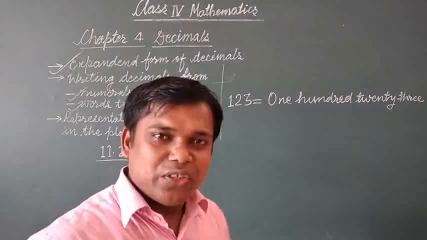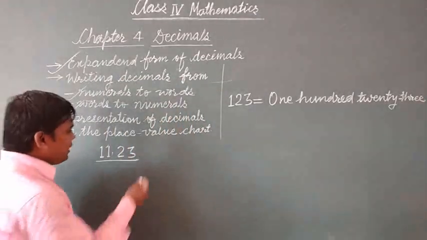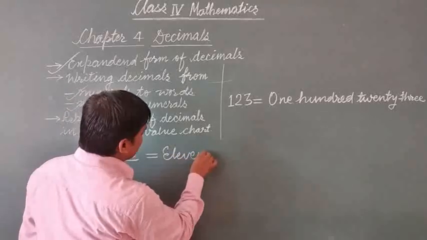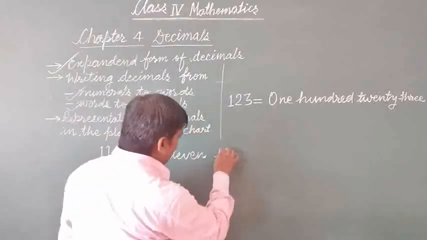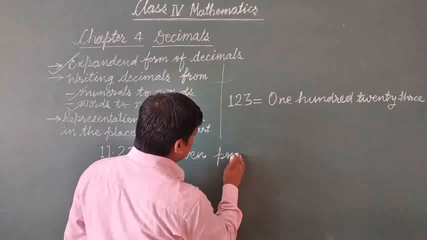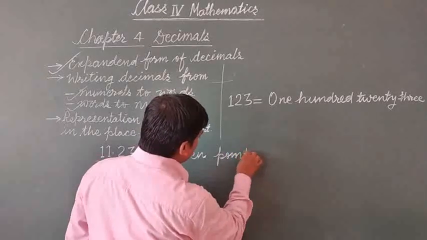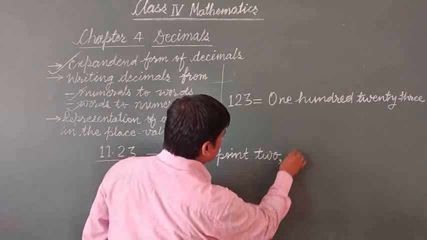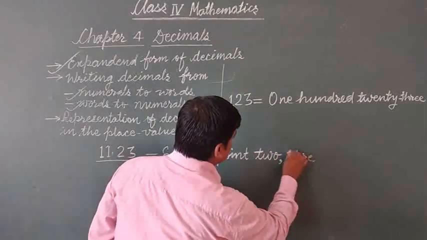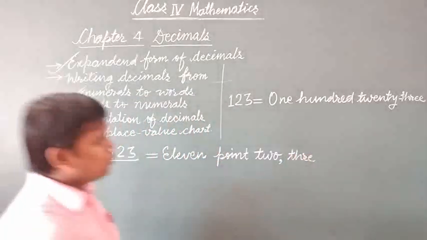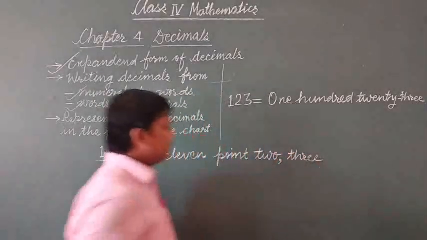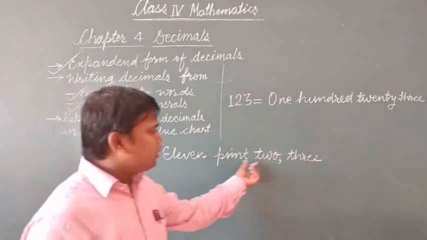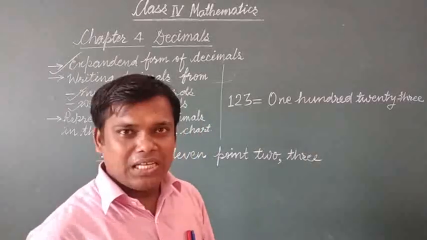So in the same way we write it: 11 point 2 3. This decimal 11.23 can be written in words like this. Clear?